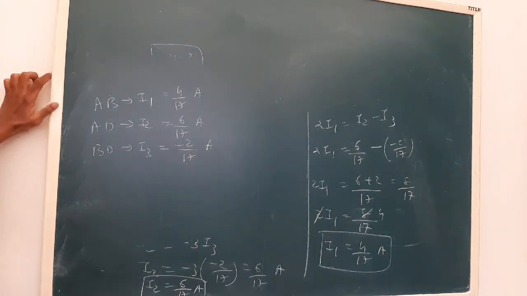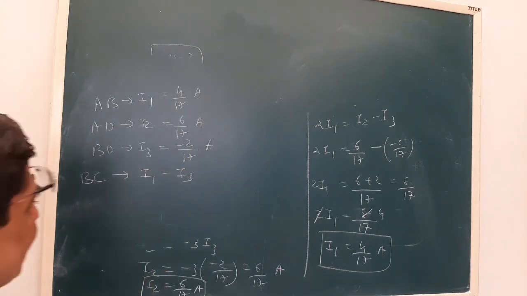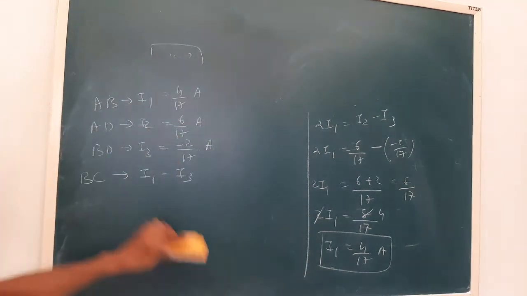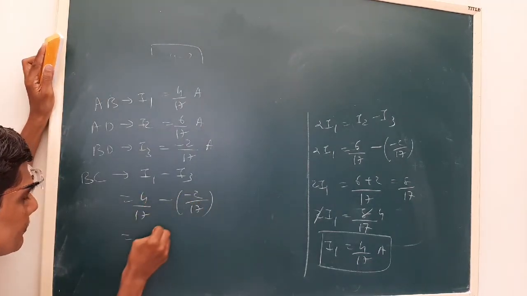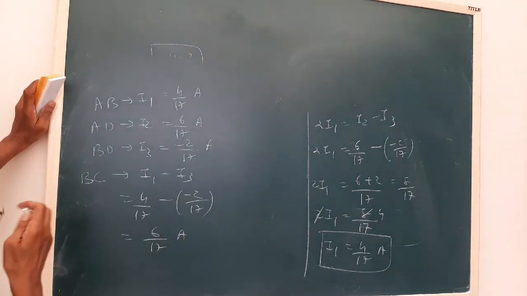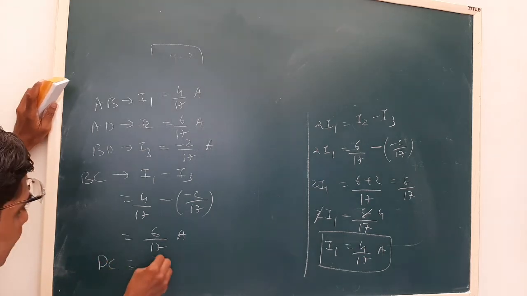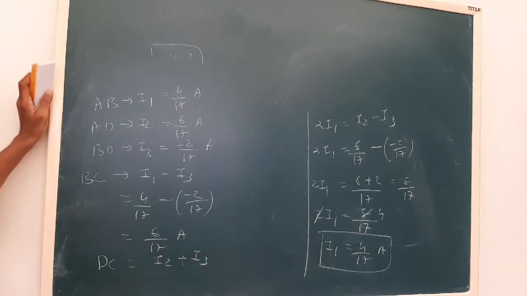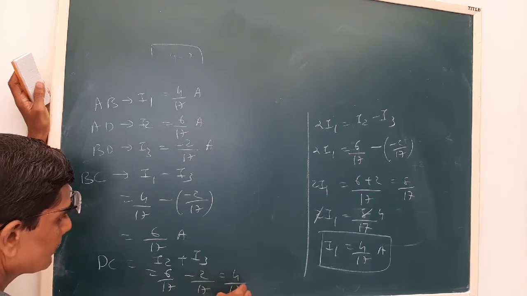Now in BC, we have I1 minus I3, I1 is 4 by 17, so the BC branch is 6 by 17. And the DC branch is I2 plus I3, that is 6 by 17 minus 2 by 17, which is 4 by 17.